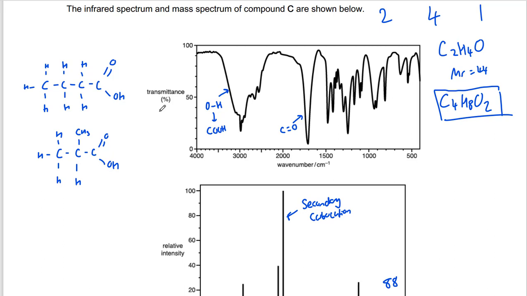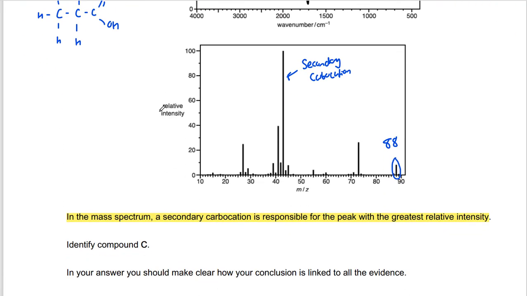If only they'd given us some extra information that I highlighted at the start of the question. Oh, look at that, there it is. A secondary carbocation is responsible. Now, from your time doing electrophilic addition, you're looking at carbocations, a fragment ion that is produced as a secondary carbocation. If you recall, a secondary carbocation is a carbon that is bonded to 2 others and a hydrogen.